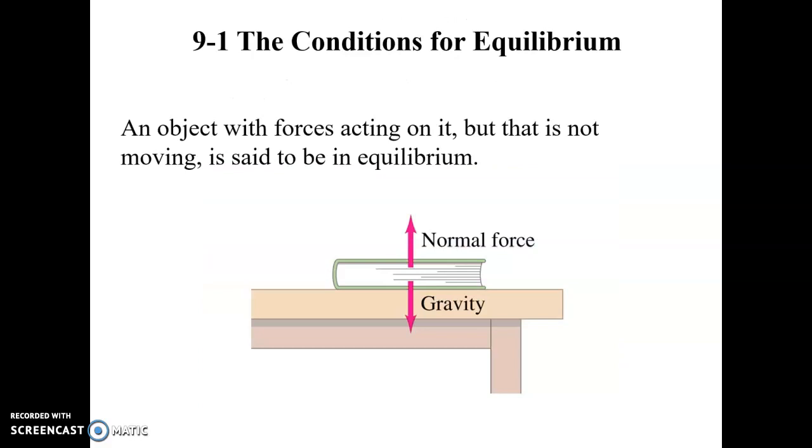So we have to go back to, first of all, remind ourselves of the idea of a normal force. We talked earlier about an object sitting on a flat surface. Gravity is going to pull it in the downward direction. That is the force acting on the object.